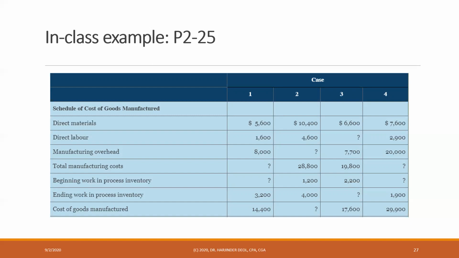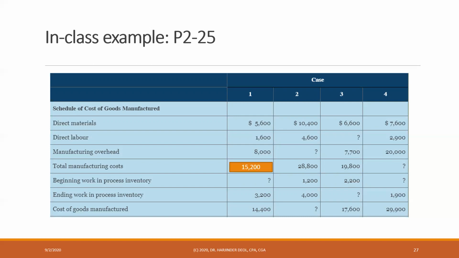Okay, so pretending that you did pause the video and tried to calculate the missing numbers, I will now go through the calculation of the missing amounts. So notice, in the first case, we were given $5,600 of direct material costs, $1,600 of direct labor costs, and $8,000 of manufacturing overhead costs.